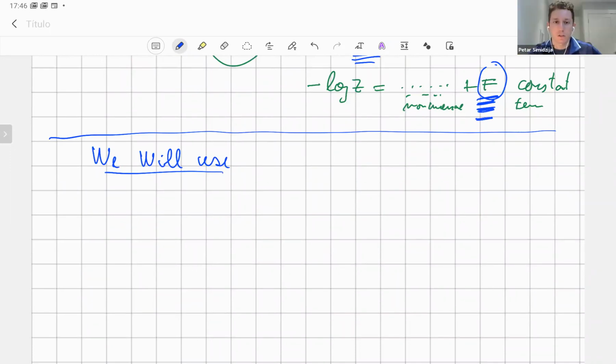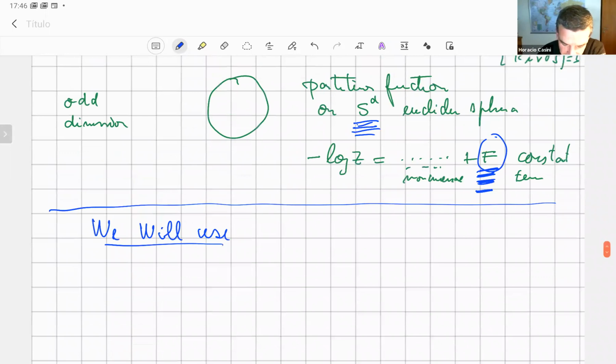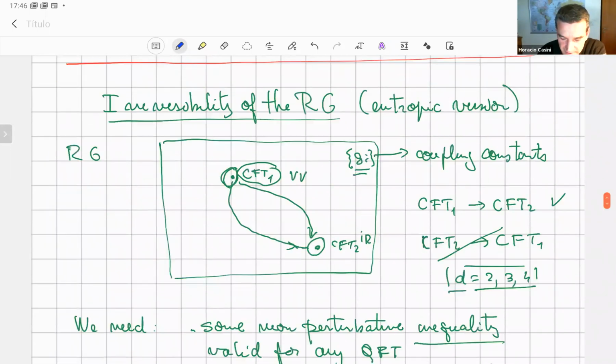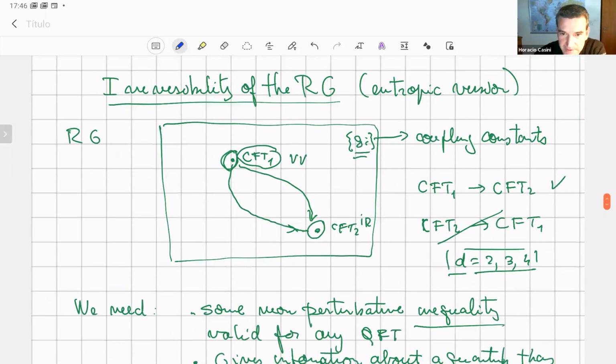Excuse me, I have a question. I don't quite understand what it means to compute the entanglement entropy along an RG flow. I thought that when we go along an RG flow, that's just an effective description of the same theory at lower energies. Yeah, very good. The renormalization group flow, as it is usually presented, is in the coupling constant. So a flowing coupling constant is some perturbative version.